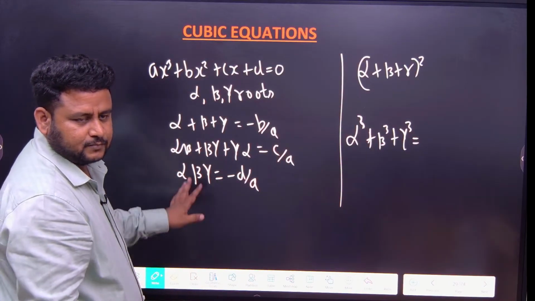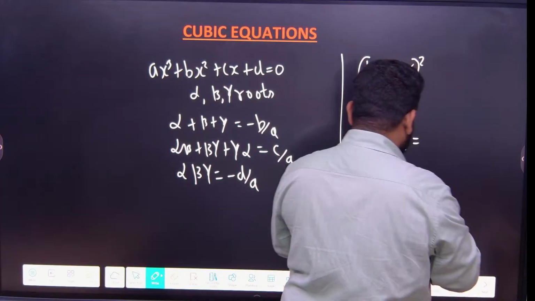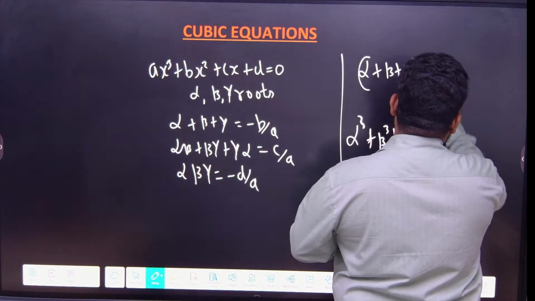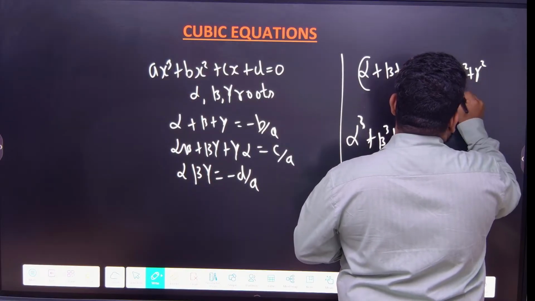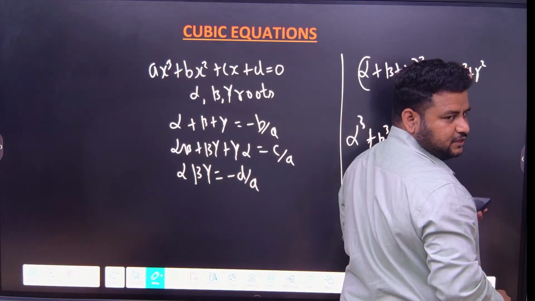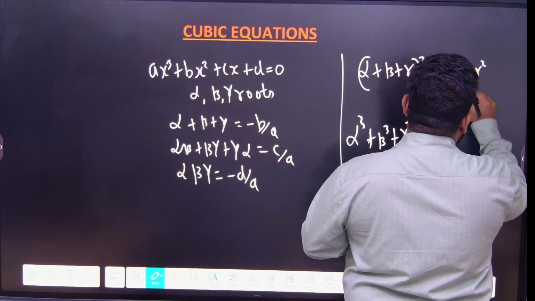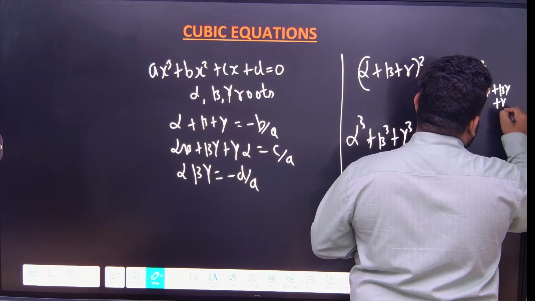Next, the formula you should know: alpha plus beta plus gamma whole square, like x plus y plus z whole square, is alpha square plus beta square plus gamma square, minus won't come, plus 2 times alpha beta plus beta gamma plus gamma alpha.